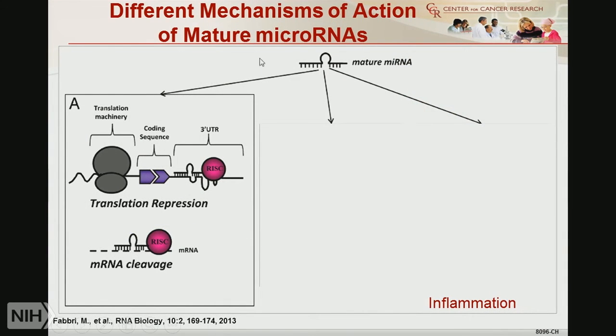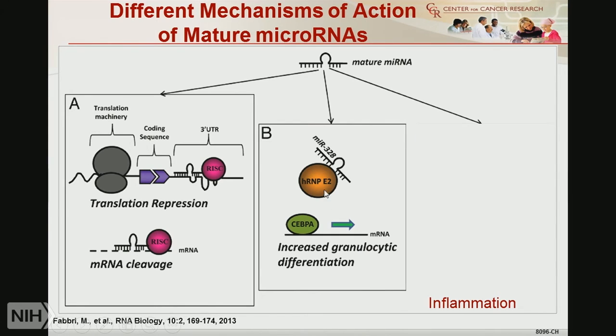All right, so I mentioned that these small microRNAs bind to message and can inhibit translation, but they can also bind to message to cause cleavage, and there's usually a base pair or two that is different in these targets.